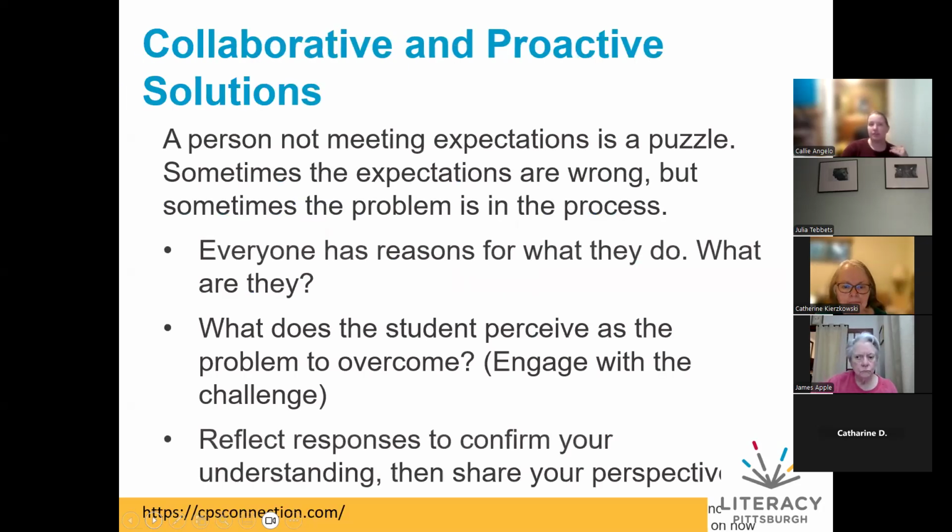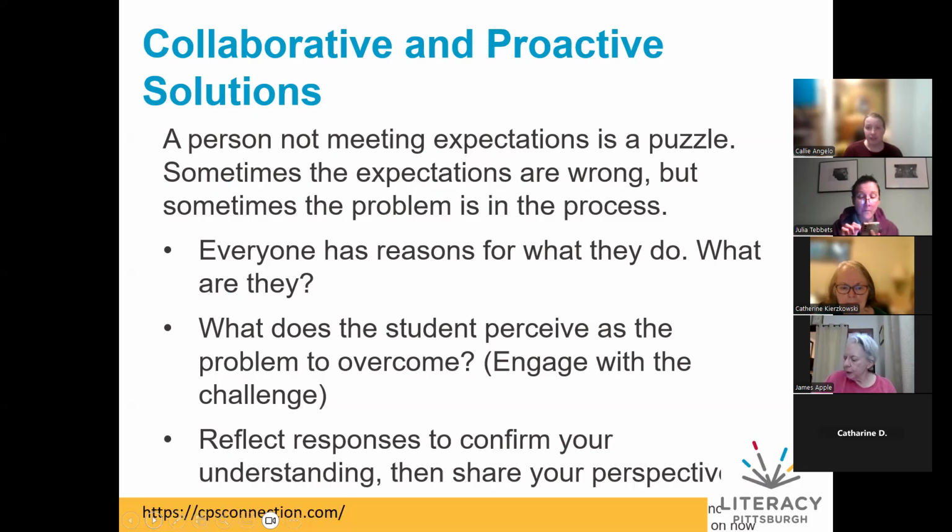So the CPS framework views challenges as a puzzle. A person not meeting expectations is less a problem, not in a derogatory sense, but a problem in the sense of a math problem. We now have a case and we must find a solution. Sometimes the expectations may be wrong, or sometimes the problem is in the process.